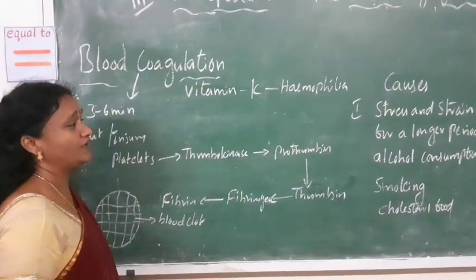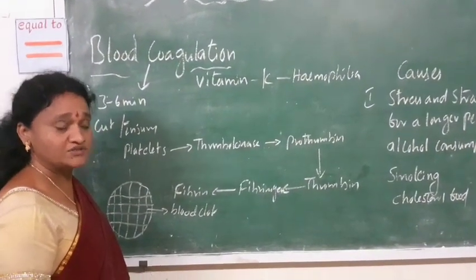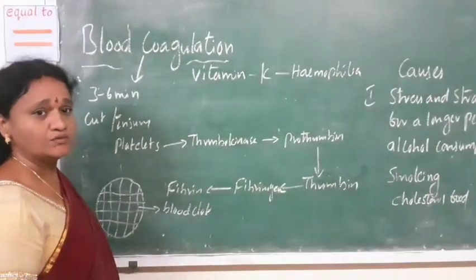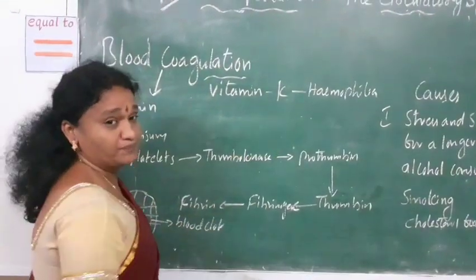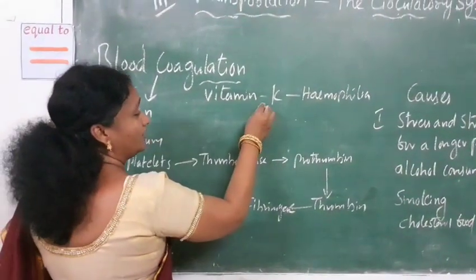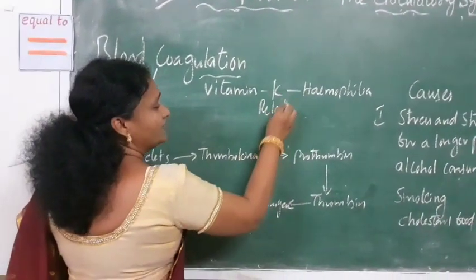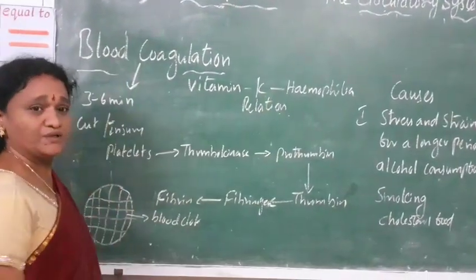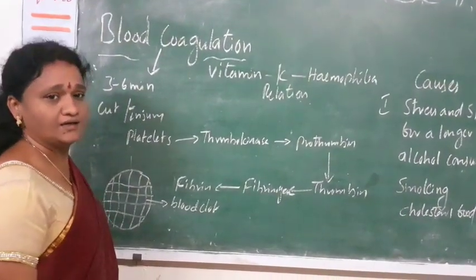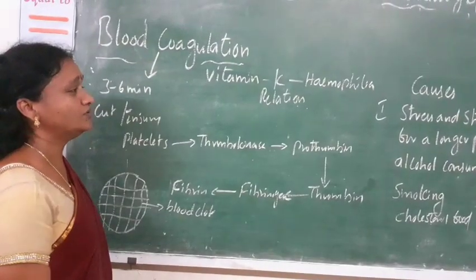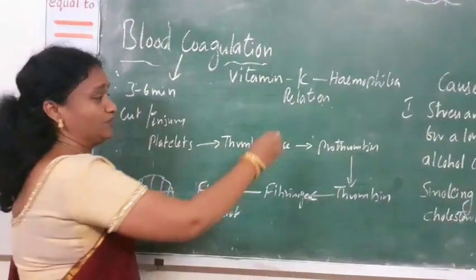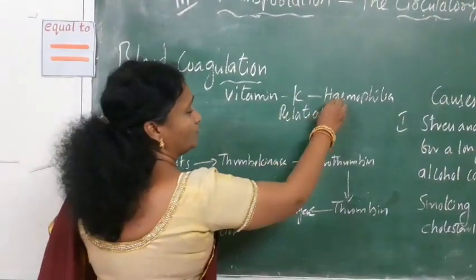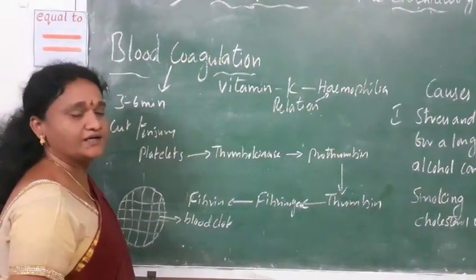This type of genetic blood disorder we observe in children whose parents are married relations. It is an inherited disease, which occurs because of marrying relations. We observe hemophilia, a genetic disorder, if the parents are related.